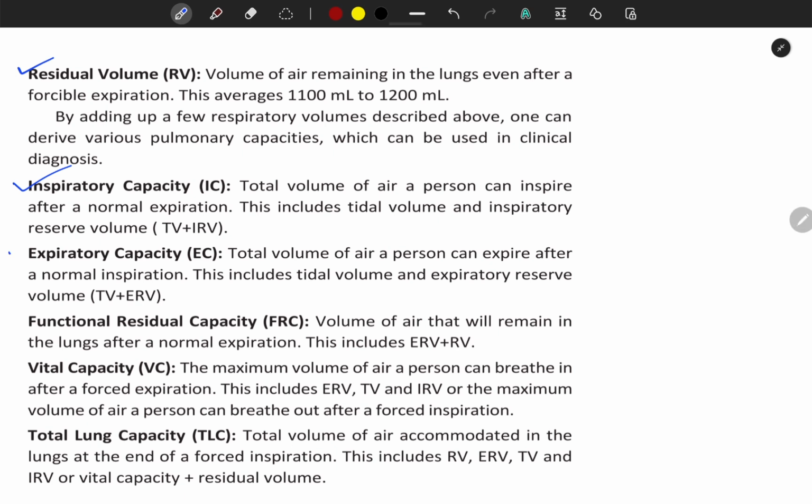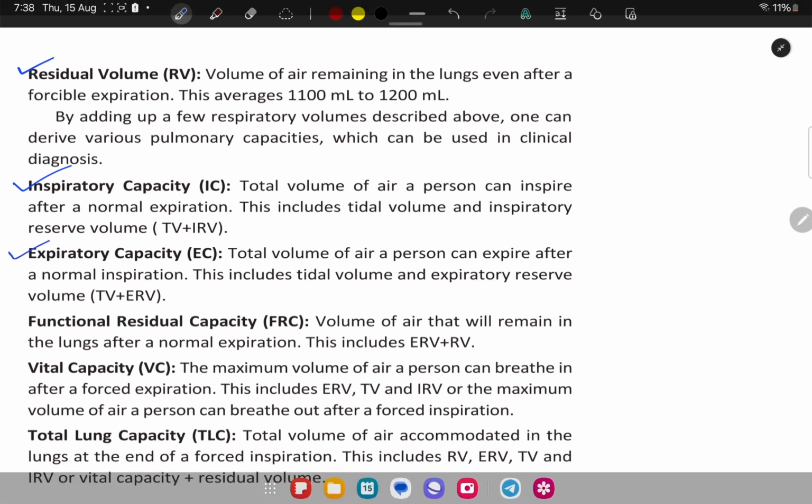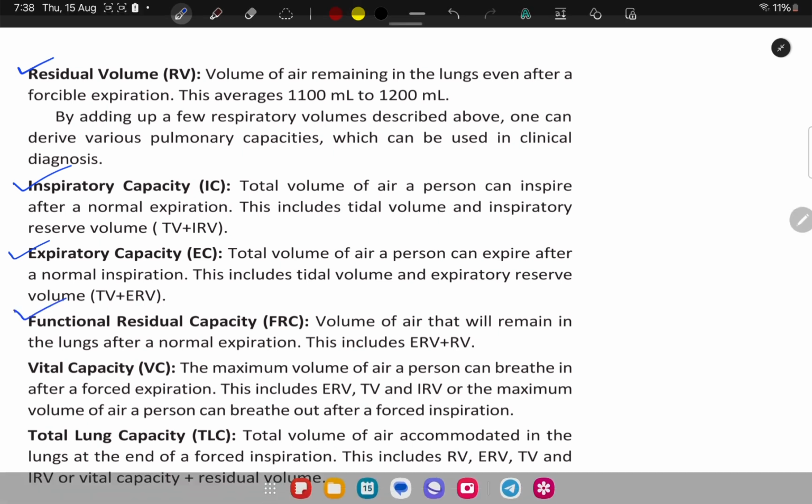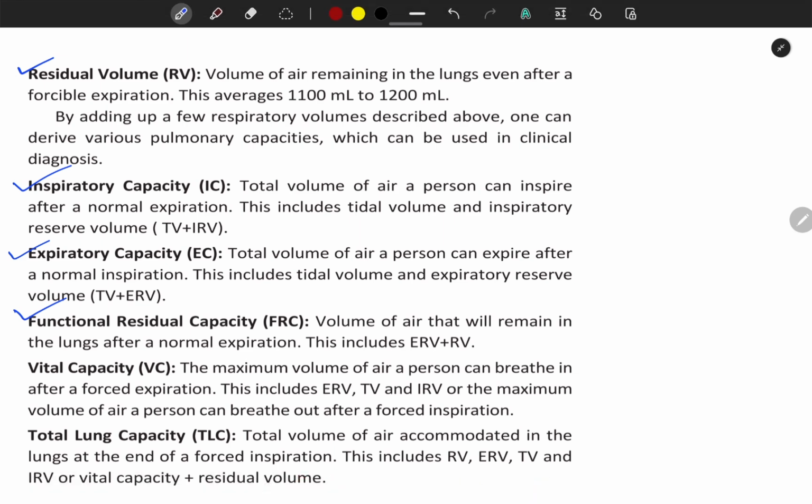Expiratory capacity, that is EC: total volume of air a person can expire after a normal inspiration. This includes tidal volume and expiratory reserve volume, that is TV plus ERV. Functional residual capacity, that is FRC: volume of air that will remain in the lungs after a normal expiration. This includes ERV plus RV.